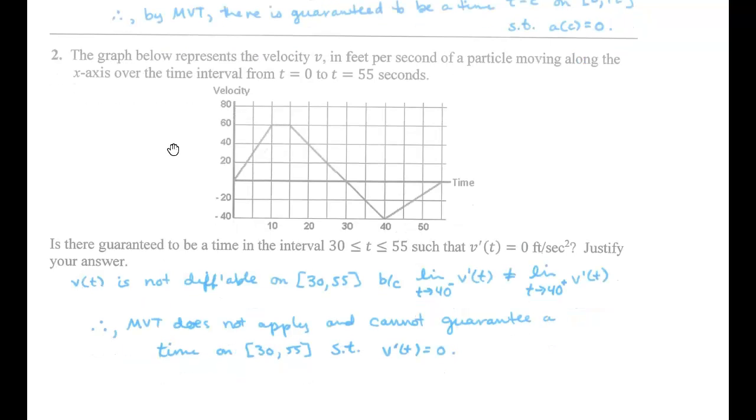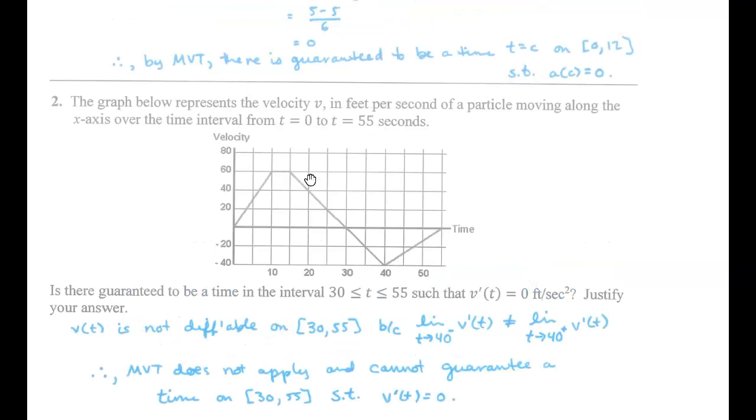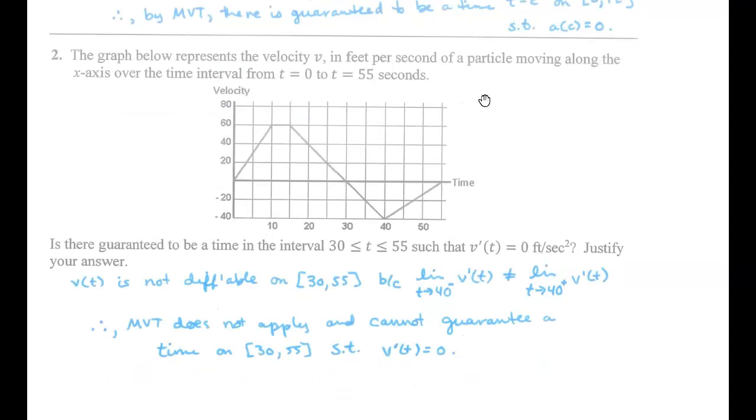So then the next one is the graph below represents the velocity in feet per second of a particle moving along the x-axis over the time interval from t equals 0 to t equals 55. Is there a guaranteed time in that interval such that the velocity is equal to 0?